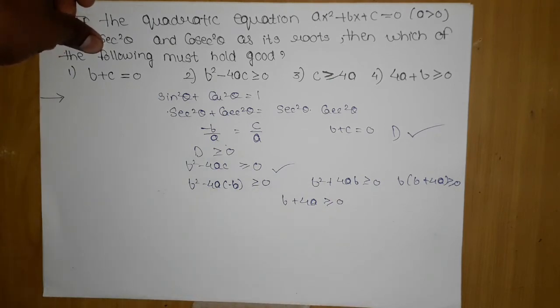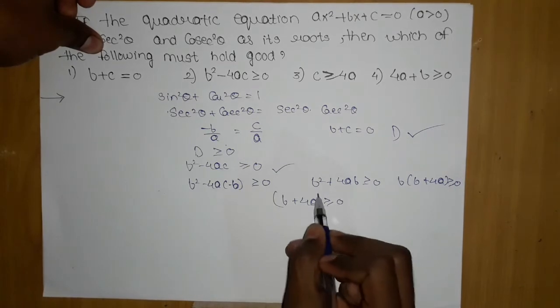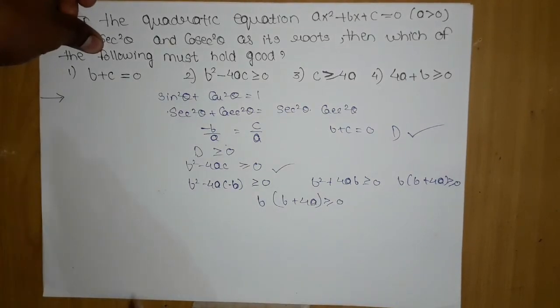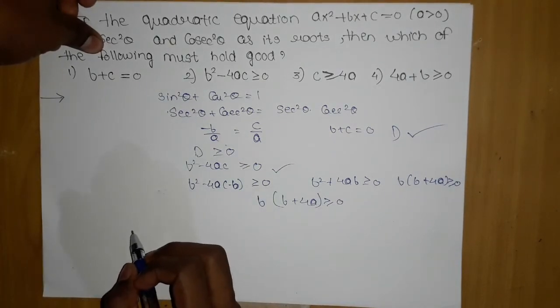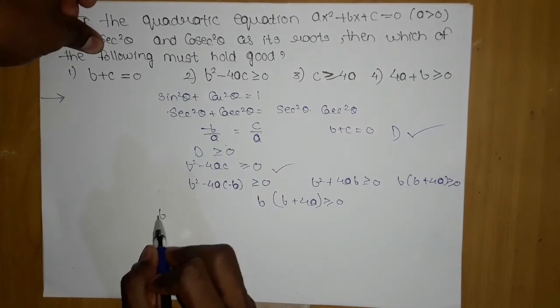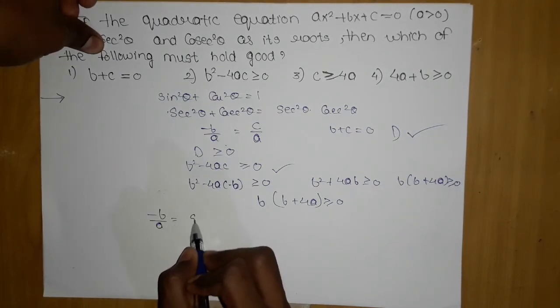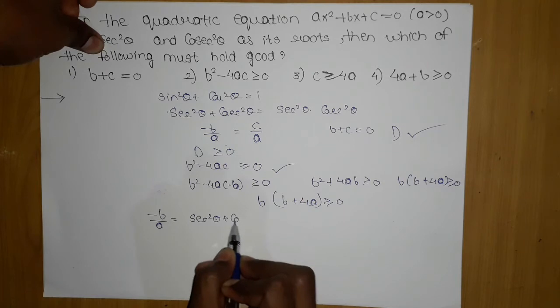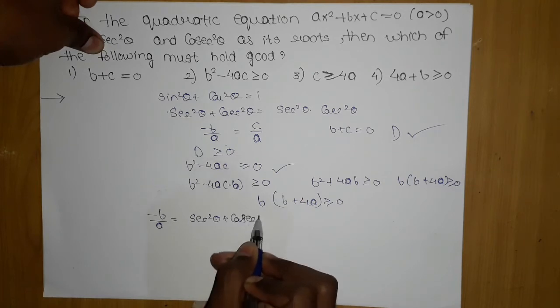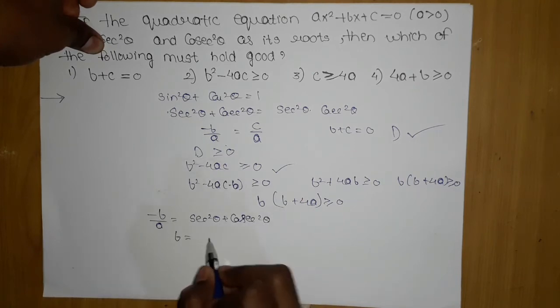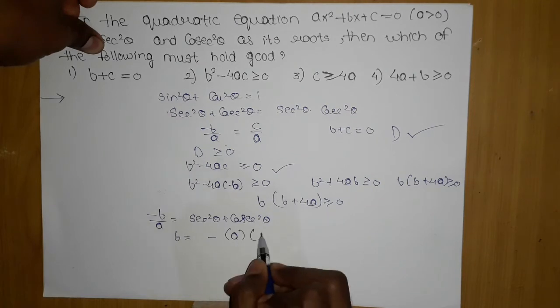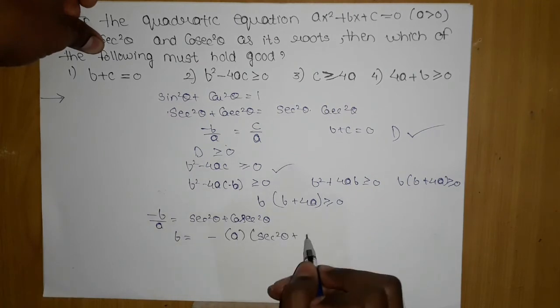But here the trap part is this, we have b also here. Now if I find b value, how can I find b value? Minus b by a will be sec square theta plus cosec square theta, and b value will be minus a into sec square theta plus cosec square theta.